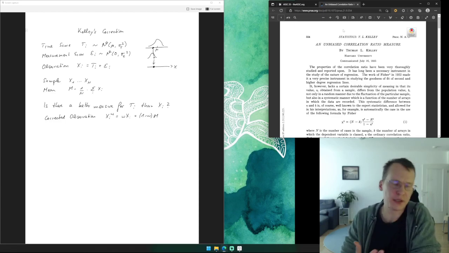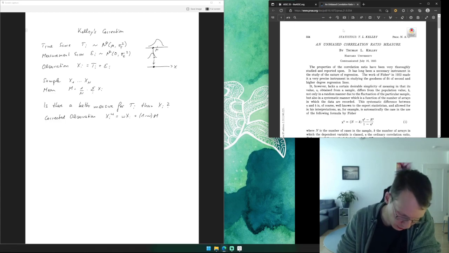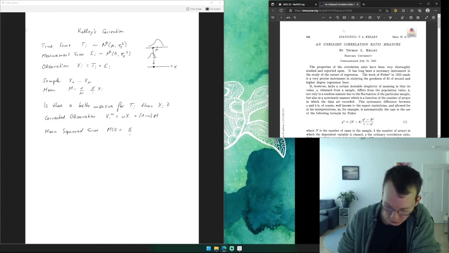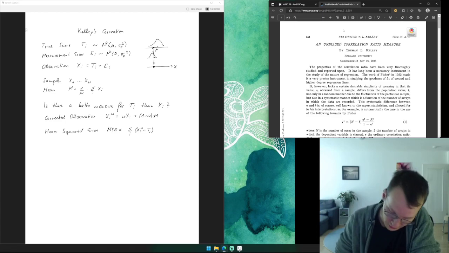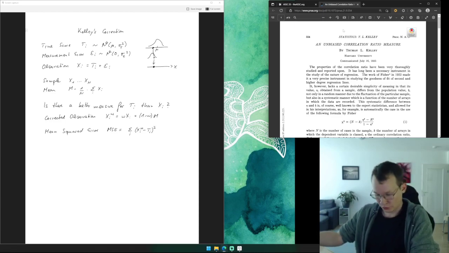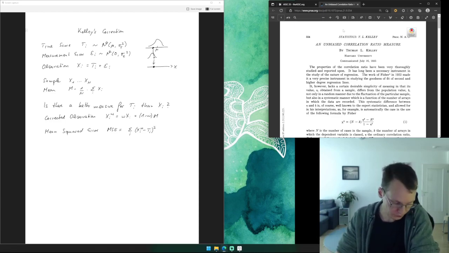And we also have to define in what sense we want to evaluate these things. And let's just say we take the relatively common mean squared error, MSE, which basically looks at the sum of the squared difference between the value that we estimate, our corrected observation, minus the value we want to estimate, the true scores t_i, and square this difference, take the sum.